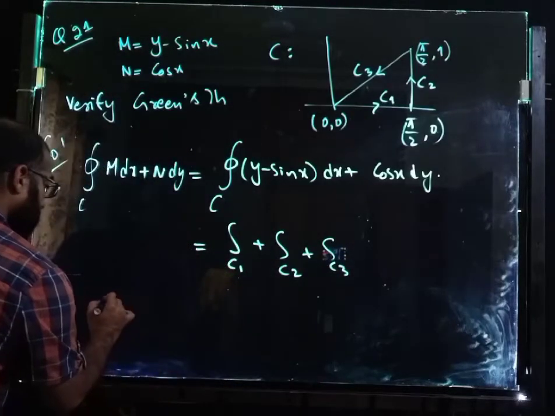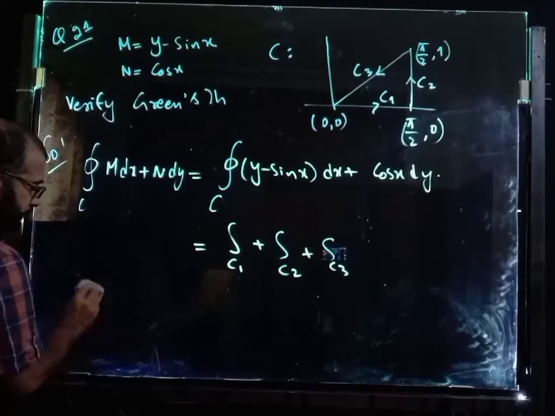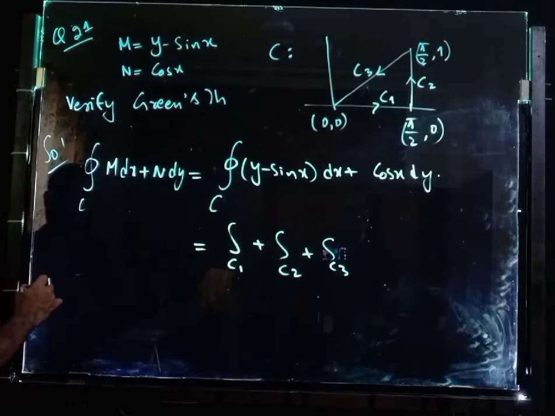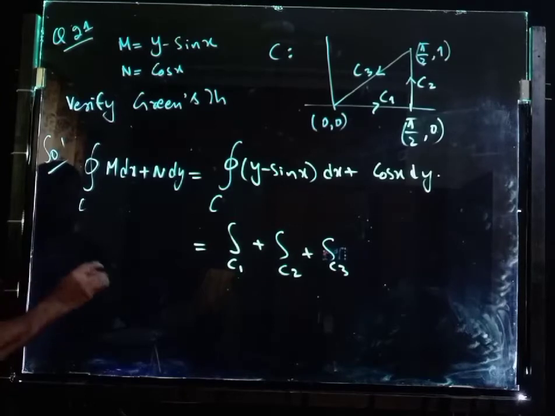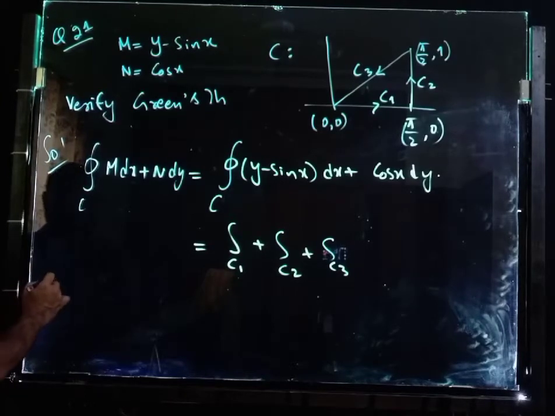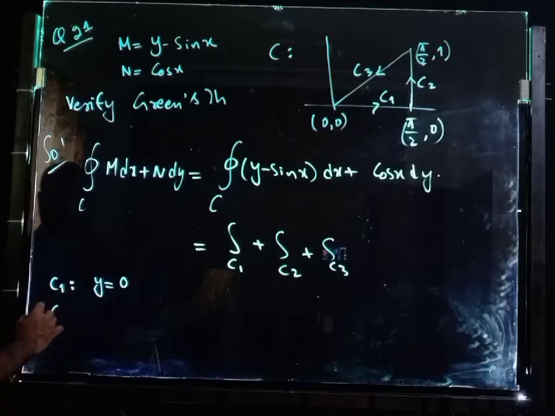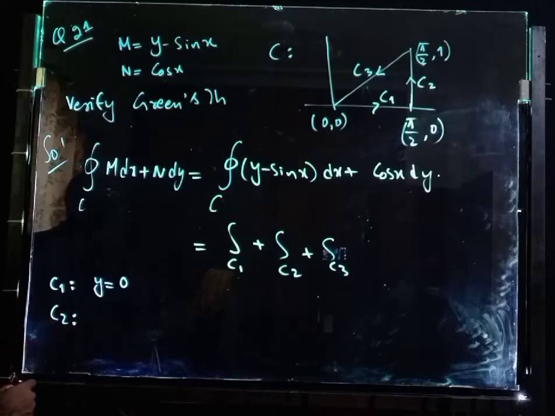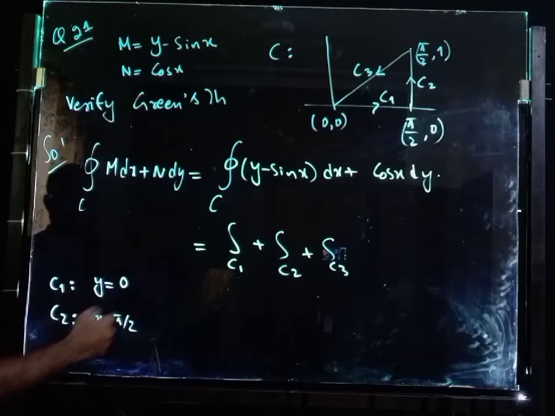So dear student, along the curve C1, the equation of C1 is y equal to 0, and the equation of C2 is x equal to pi by 2, because this is parallel to the y-axis, and the other is parallel to the x-axis.